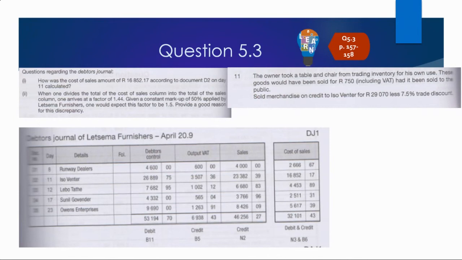So Helder, what do you think? Okay, Queasy, do you maybe want to help out Helder? What will we multiply the 29,070 Rand with to work out the cost price? So we're using the markup information.